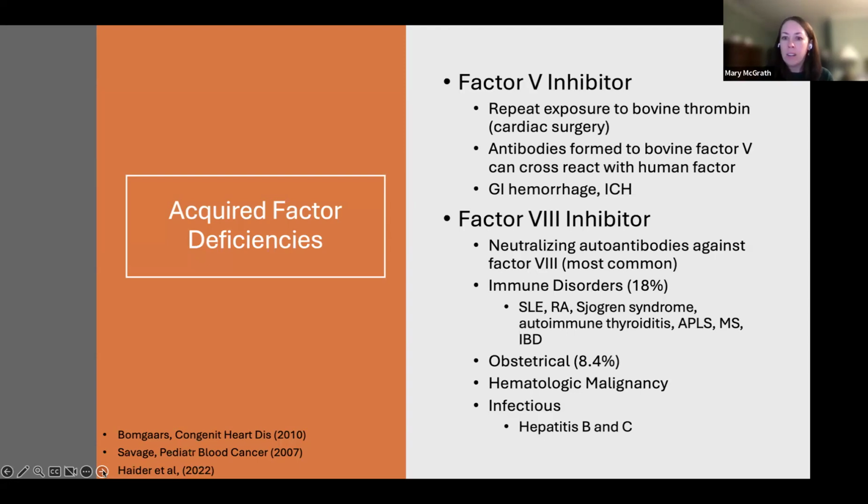And then the second most common setting for acquired hemophilia is pregnancy. These are neutralizing autoantibodies that form against factor VIII most commonly. We also use immunosuppression to eradicate these inhibitors, and then we'll use bypassing agents to treat the bleeding.